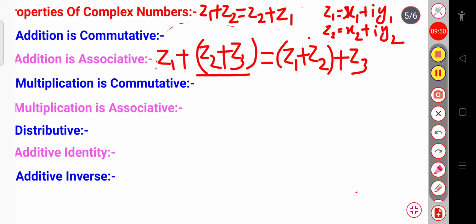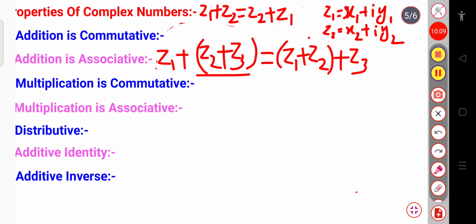So if we add z2 plus z3 first, and then z1, that will be equal to adding z1 plus z2 first and then adding z3, you will get the same result. So this satisfies the associative property of addition.